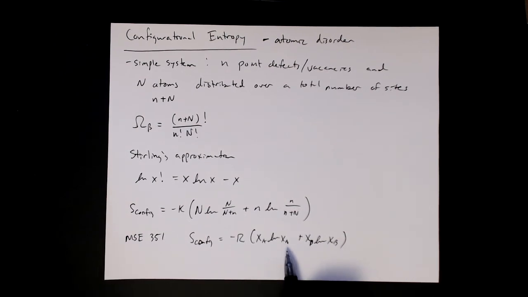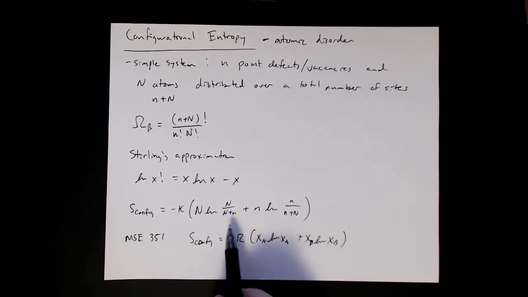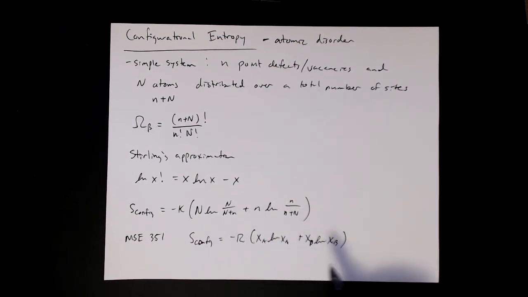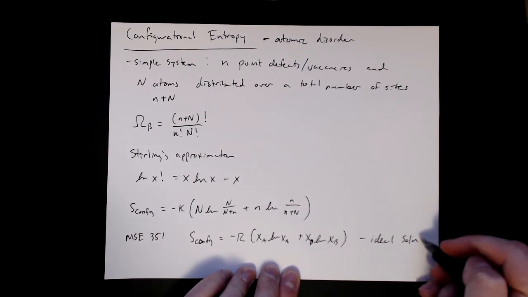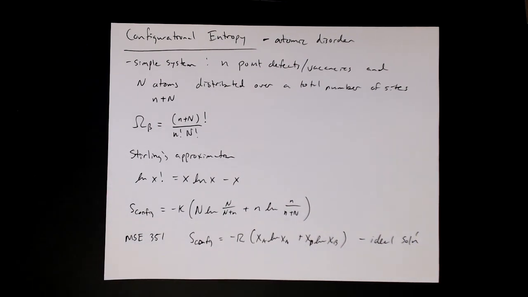This is actually the configurational entropy of an ideal solution of two components. So you're going to notice that this looks very familiar. Whether we're talking about vacancies and atom sites, it's very similar to, almost identical to, the configurational entropy of an ideal solution. All right, so that's just something you might have seen before.